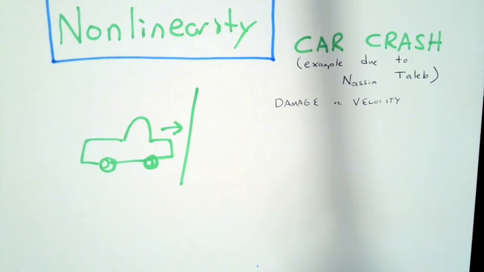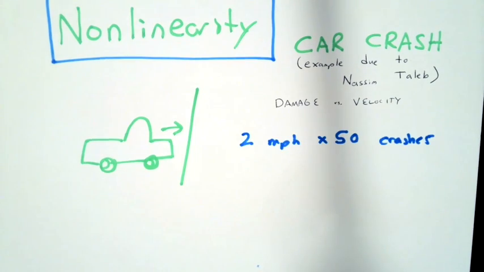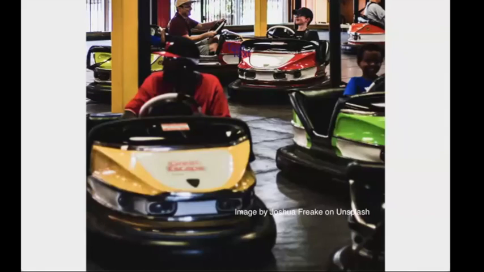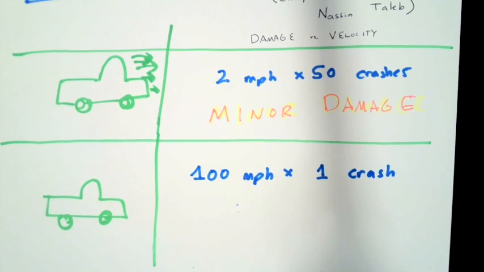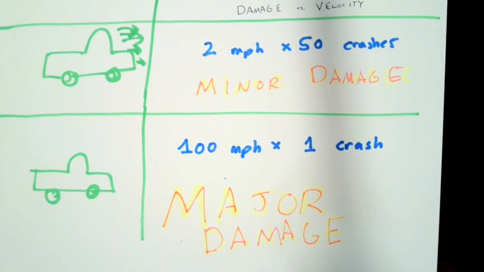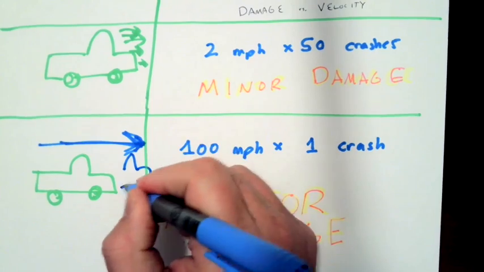So if I crash 50 times at 2 miles per hour, in all honesty, the damage to the car will probably be pretty minor. This is basically the idea behind bumper cars, that you can have a lot of small crashes that don't harm you that much. But unfortunately, damage doesn't scale linearly. If I do one crash at 100 miles an hour, then unfortunately, the consequences won't be good.